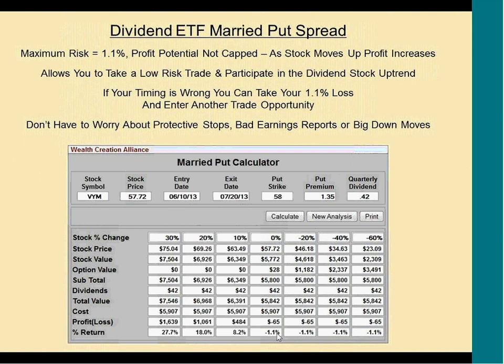it limits the risk, and in this example, to just 1.1%. So that's a trade-off I'm willing to take. I'll take a little bit less profit potential. For example, if you get a 20% price increase, you get an 18% return for these spreads. So you have a slightly lower profit potential with the spread.